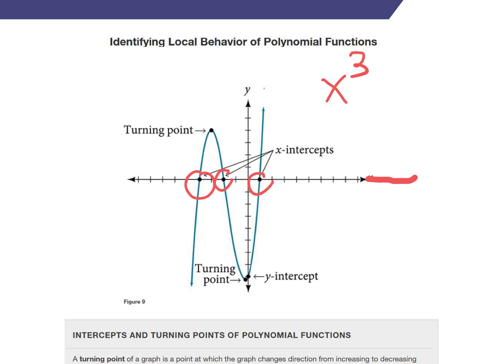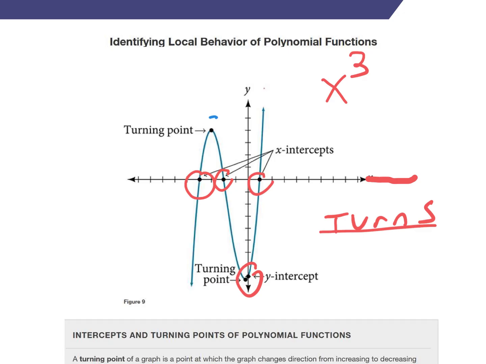And then I see only one y-intercept. Well, there never will be more than one. There'll only be one. And there's another term called turning points. How many times does this function turn? Well, it turns everywhere there's a max or a min.